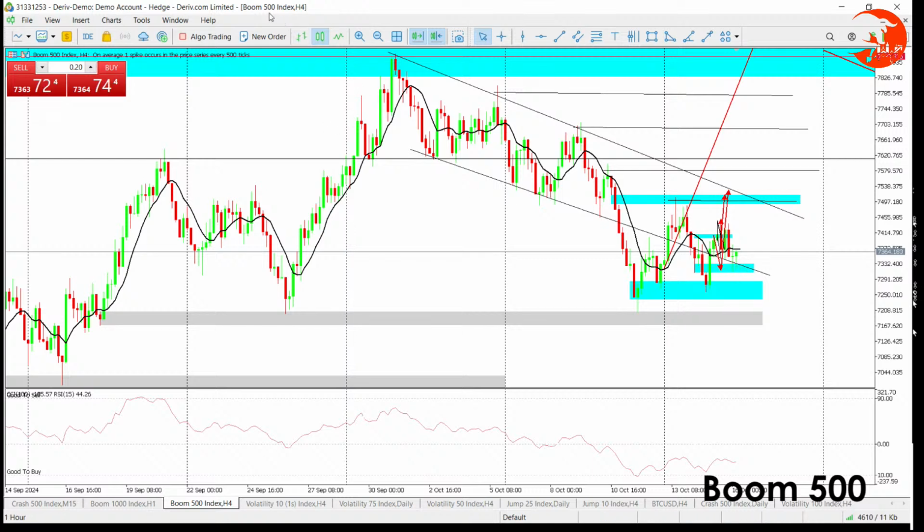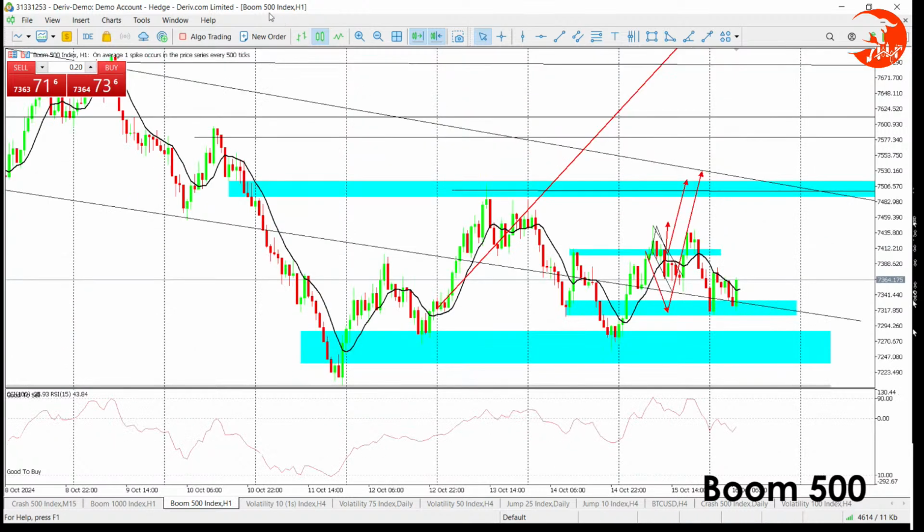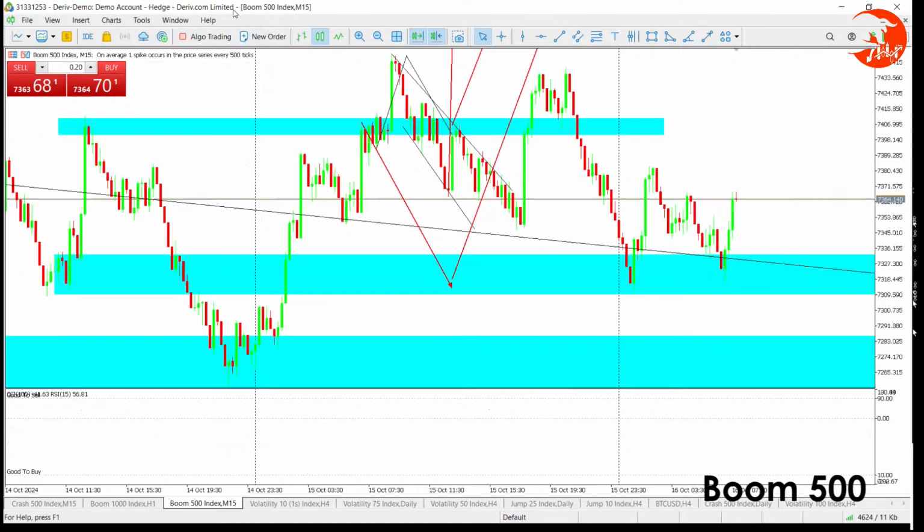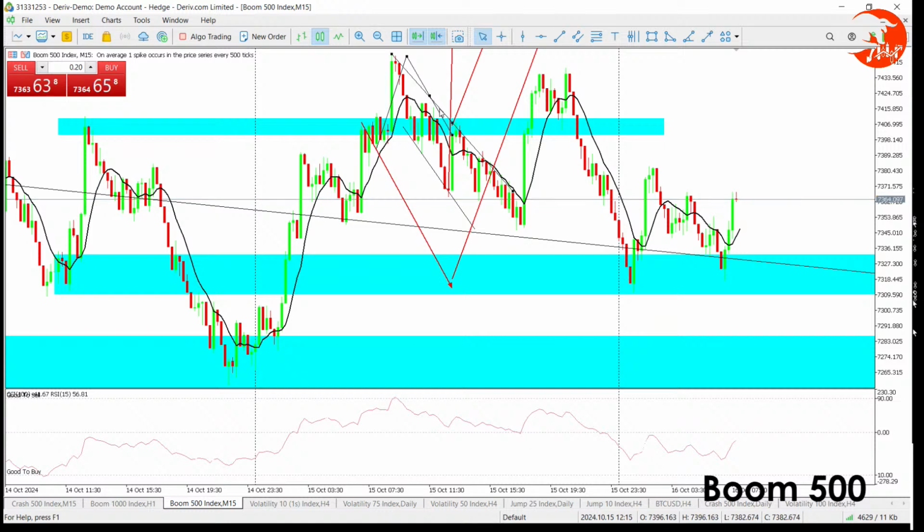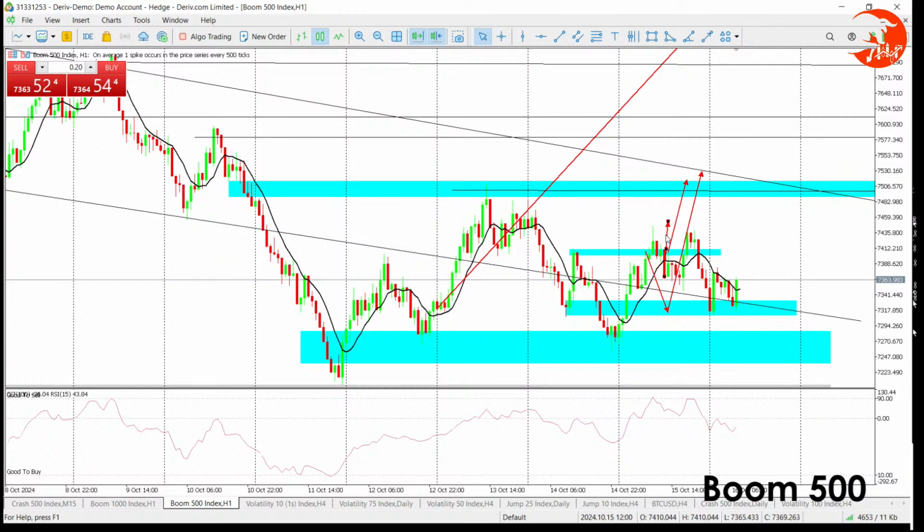It can clearly show you that sellers don't have momentum. So now I can delete all these and make the chart clear. This is no longer necessary.